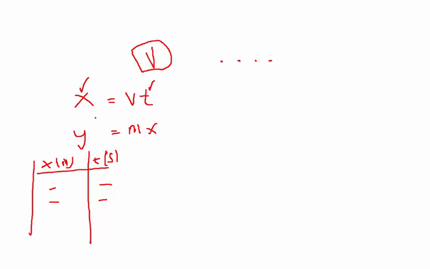Now, if you draw a graph of x on the y-axis, why? Because x is in the position of y. Look at that, x equal to vt is similar to y equal to mx.